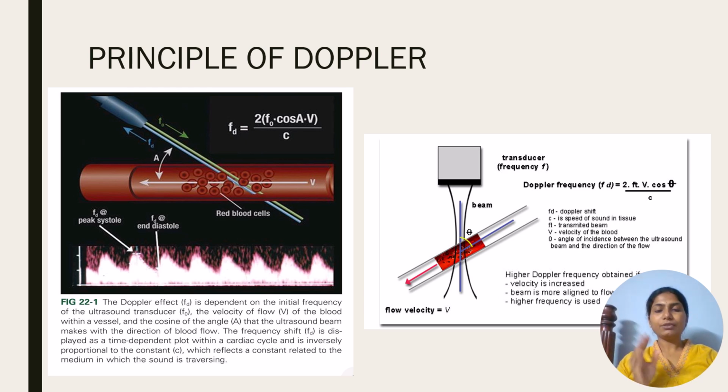For a better understanding, the most common example given to describe this Doppler effect is a train. Imagine yourself standing in a railway station. What happens when the train is approaching towards you? You hear an increase in the pitch of the sound of the train coming. Once the train leaves the station, there is a decrease in the pitch of the sound as it is leaving. But you have to observe two important things.